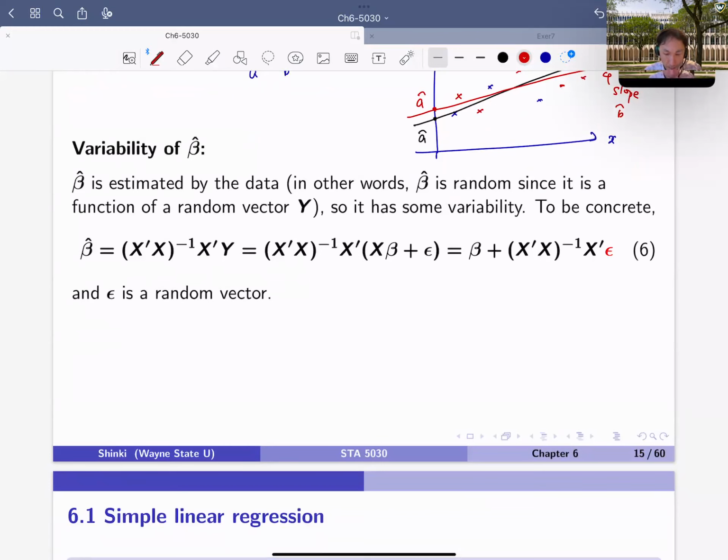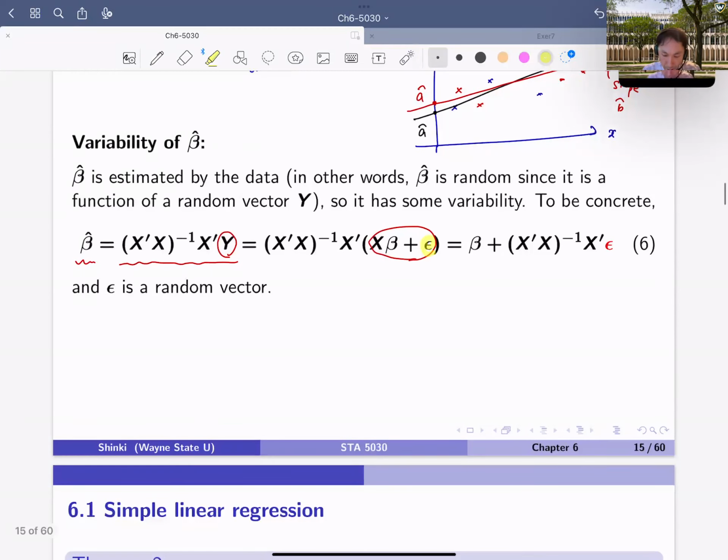So, in terms of probability theory, beta hat is given by this, and y is equal to X beta plus epsilon. That is the linear model. And epsilon is a random variable. I mean, a random vector to be exact.